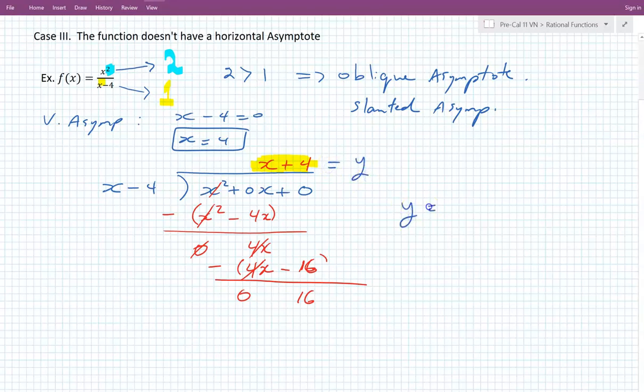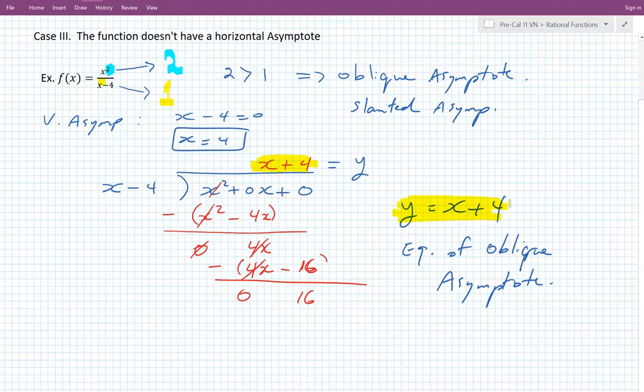So y equals x plus 4 is the equation of the oblique asymptote. All right, that's how you get it. That's the process. You have to use the division, long division or synthetic division, doesn't matter. And then just graph it, really.